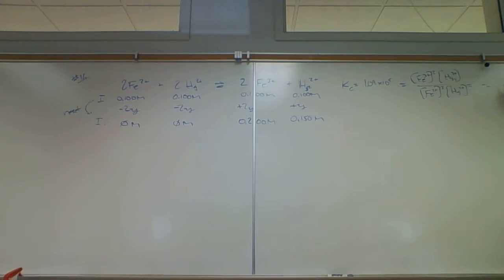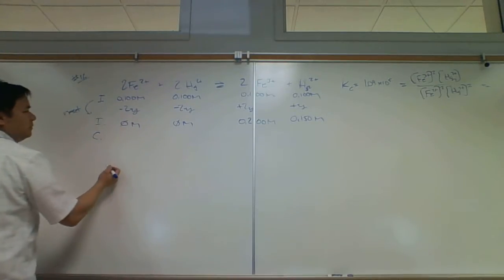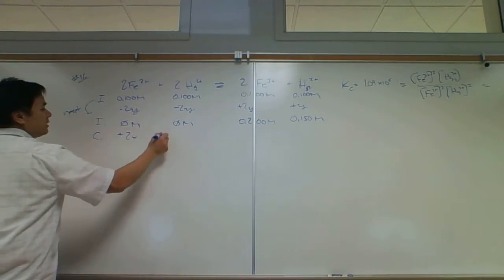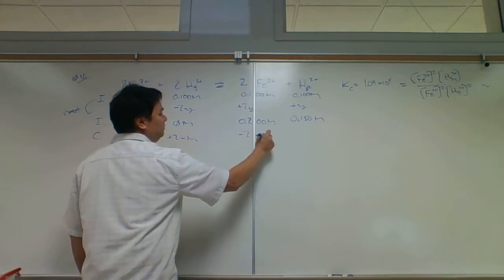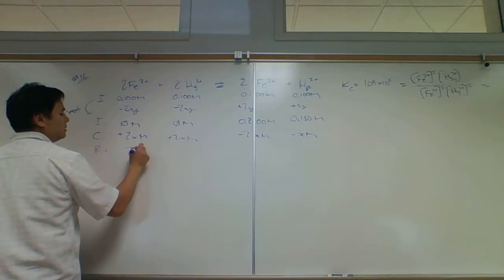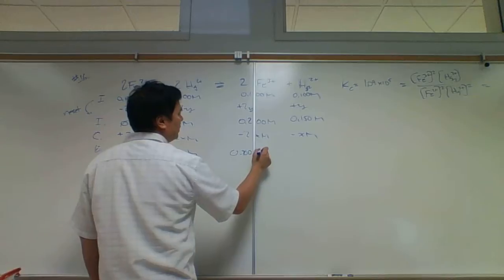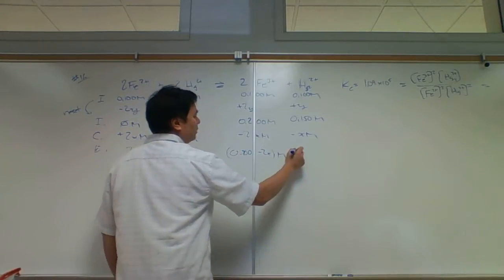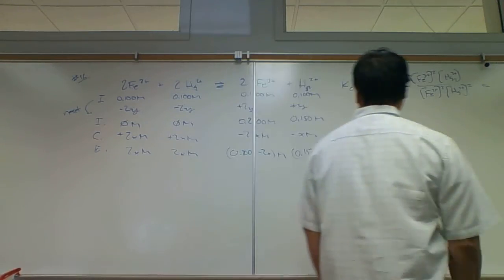All right. So what do we have here? Well, that's our initial. So the change is going to be easy now that we reset it. Change should go plus 2x molar, plus 2x molar, minus 2x molar, minus x molar. And so at equilibrium, I expect 2x molar, 2x molar, 0.200 minus 2x molar, 0.150 minus x molar.